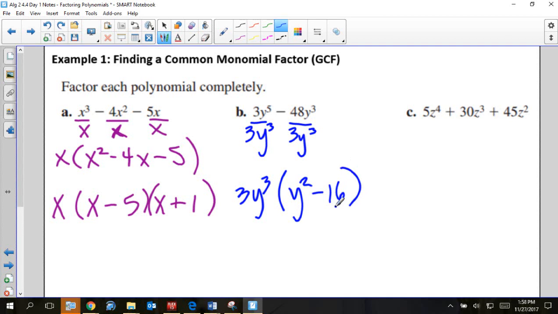And we look at our binomial. After we take out 3y to the third, we say that's two terms. What are my options for two terms? Difference of squares? What's difference mean? Is it subtracting two perfect squares? So then we will use the factoring for difference of squares. This is going to be y plus 4, y minus 4.